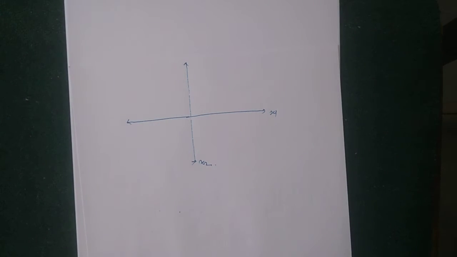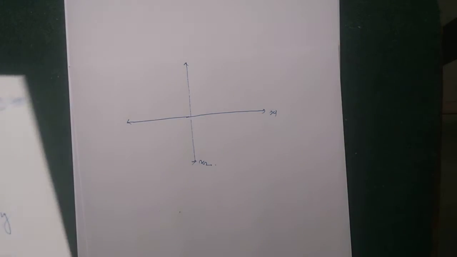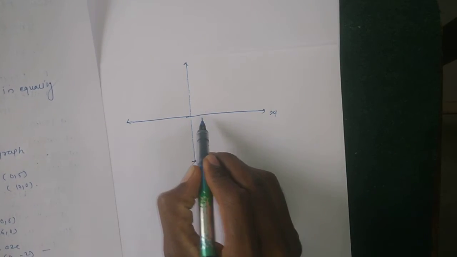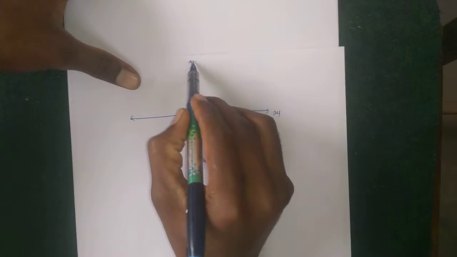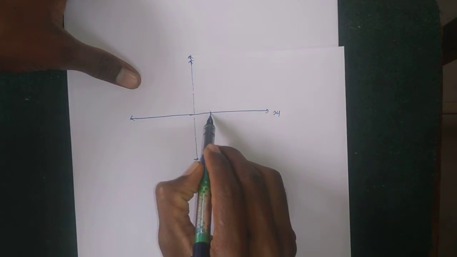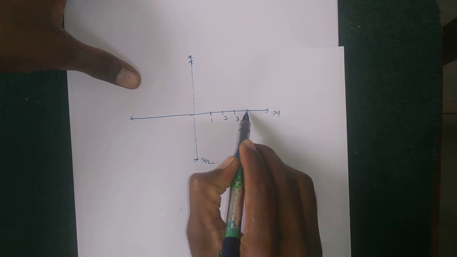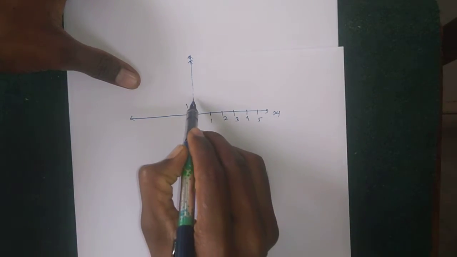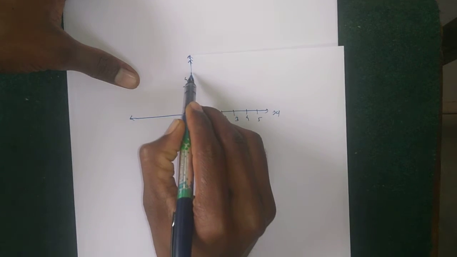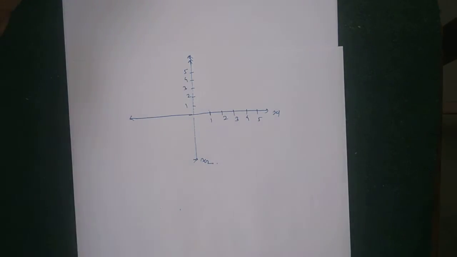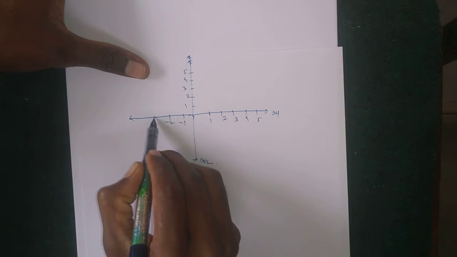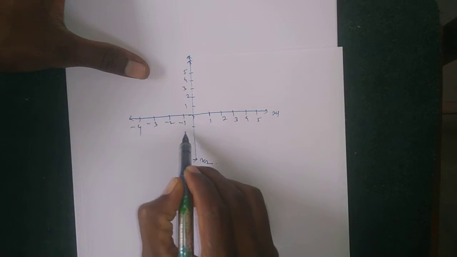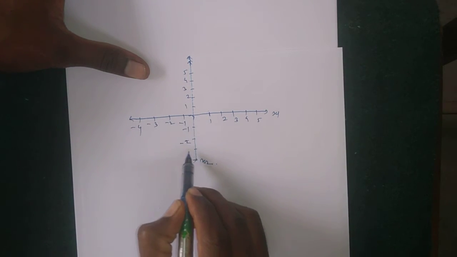Okay, and then here scales are given, take scale 1, 2, 3, 4, 5. Similarly here 1, 2, 3, 4, 5, and so on up to 10. Okay, here also minus 1, minus 2, minus 3, minus 4. Here also minus 1, minus 2, minus 3.